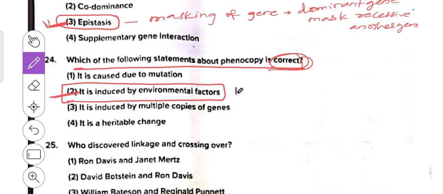For example, if you go to a parlor and change your hair color, or do bleaching of your hair, that can be considered an environmental factor, and it is not at all related to the genetic makeup or genotype. It is just a variation in an organism's phenotype, so it is considered an environmental factor. For 24, 2 is the right answer.